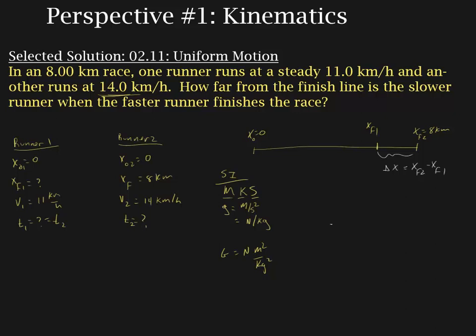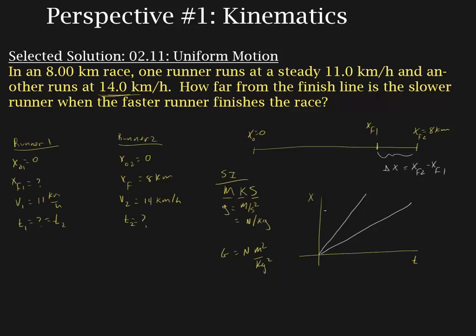Now, a common way for solving problems, especially problems in kinematics, is to use graphs. So if we construct a position time graph for this particular problem, then what we see is that the fast runner creates a graph that looks like this. The slow runner creates a graph that looks like this.